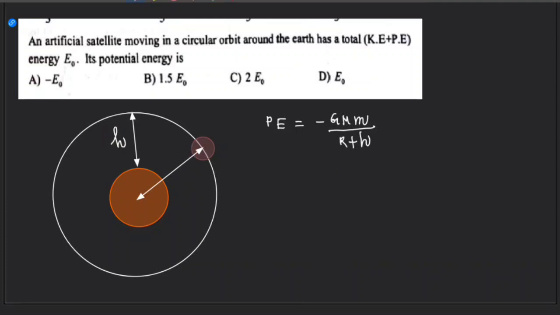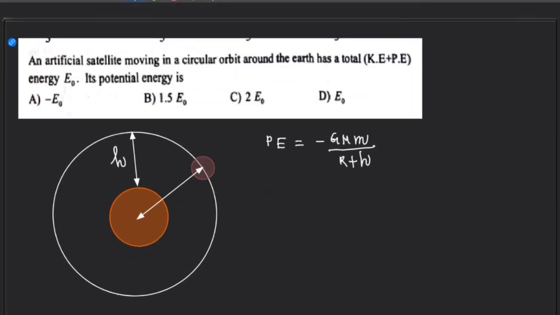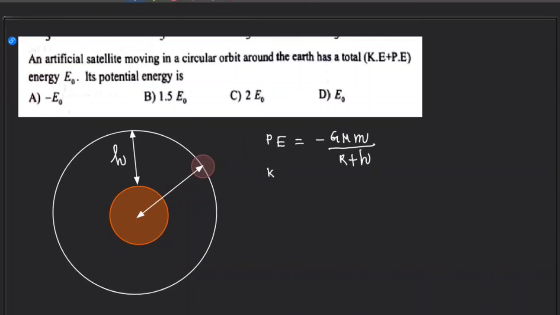And you could say this kinetic energy K is equal to, the formula is half into m into v square, right? This v square is nothing but v naught square. So here for example, if height is very less compared to the radius of the earth, then you could say minus G capital M small m by r plus h.